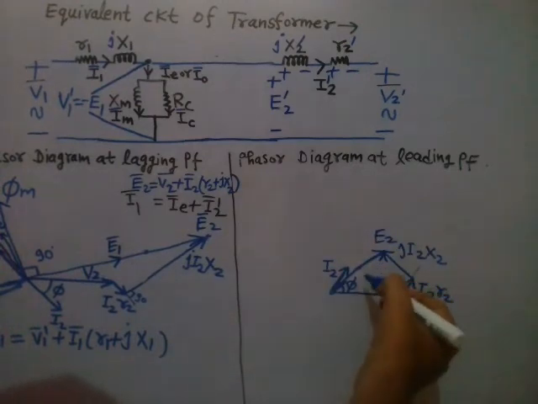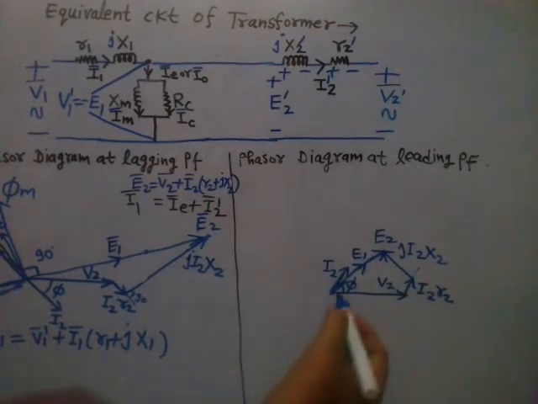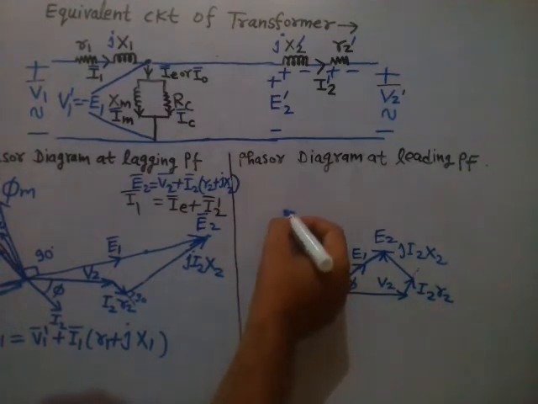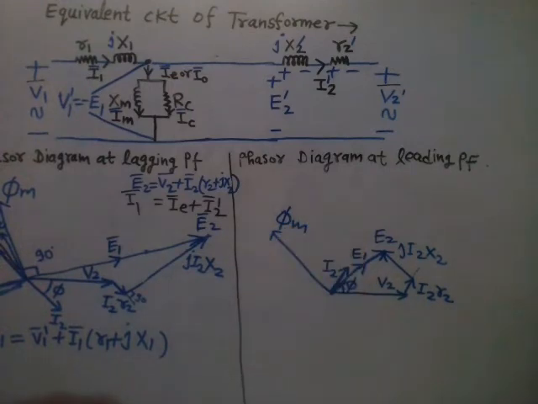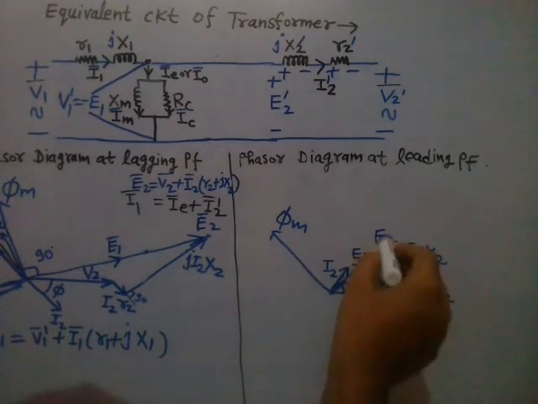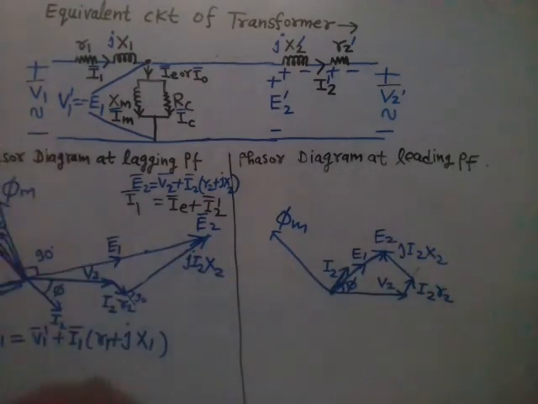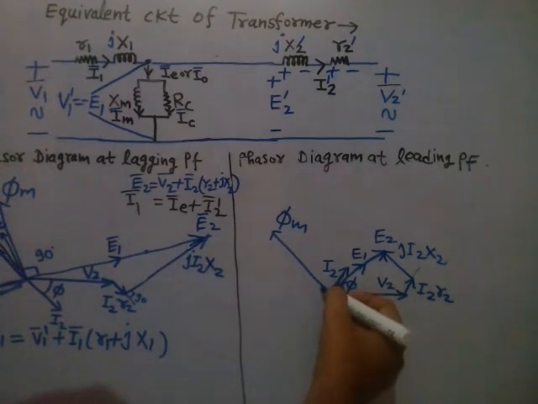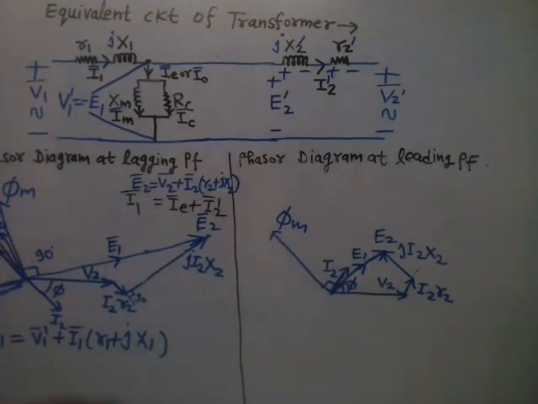Let us say E1 is less than E2, so this is E1. Flux and EMF are both in phase quadrature like this. This is phi m. The phase angle difference between phi m and the induced EMFs E1 and E2 is 90 degrees. That is the meaning of phase quadrature. Quadrature means 90 degree phase displacement.